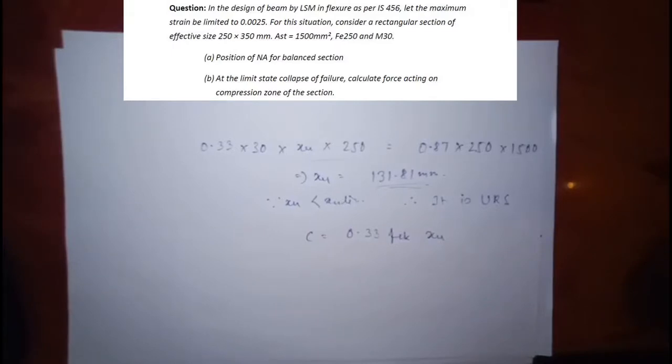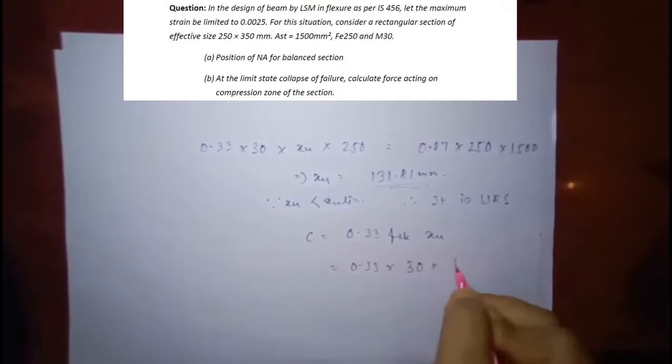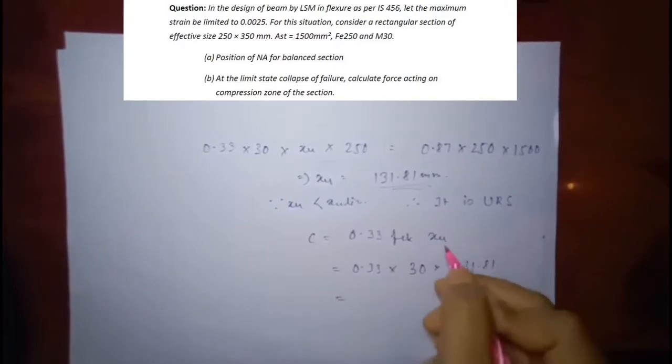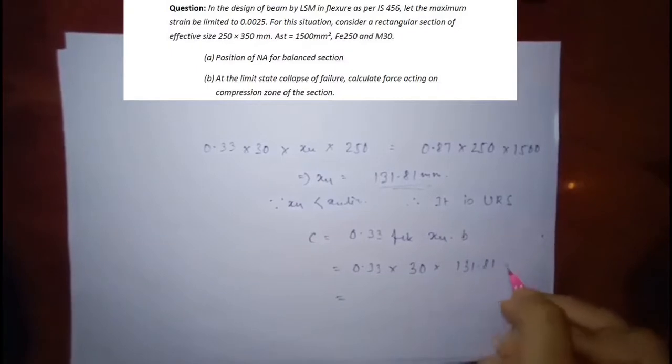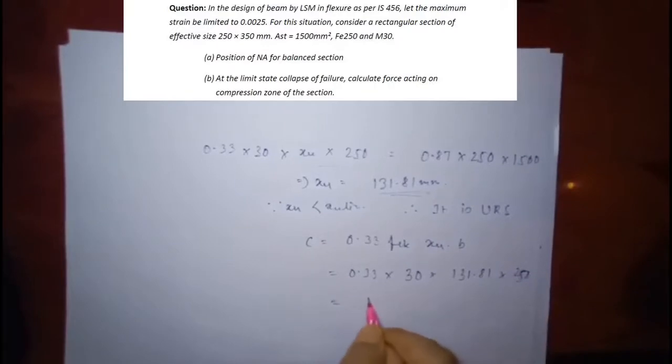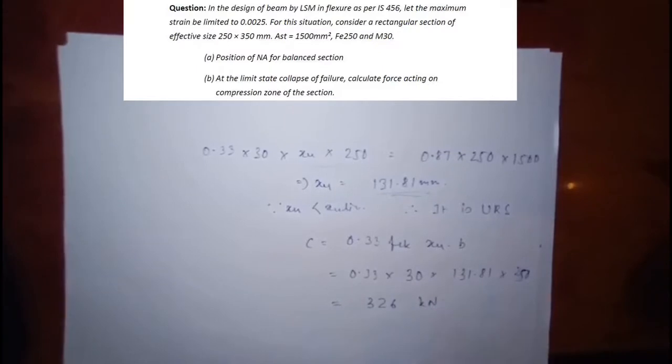It is given by 0.33 multiplied by fck 30 multiplied by xu 131.81, multiplied by the width 250, and thus I get C equal to 326 kilonewton. So this C is our force at the limit state of collapse of flexure.